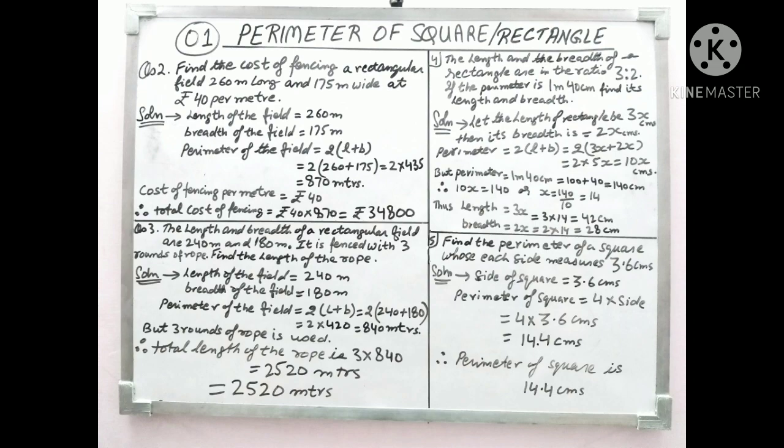So we will write each side of the square is equal to 3.6 centimeters. Perimeter of the square is equal to 4 into side, that is 4 into 3.6 centimeters, and we get the answer as 14.4 centimeters. So the required perimeter of the given square is 14.4 centimeters, right?